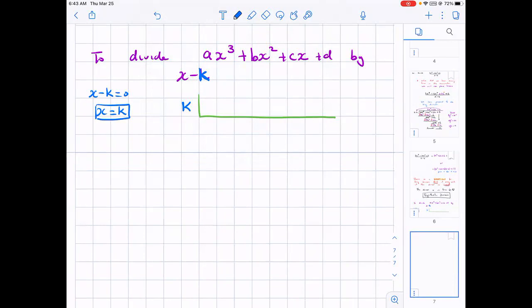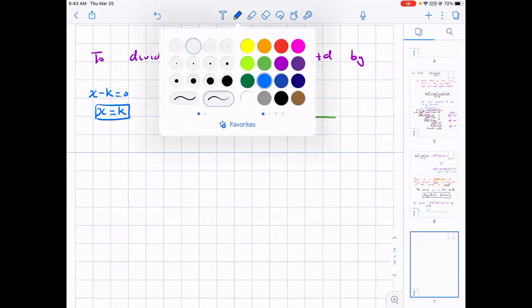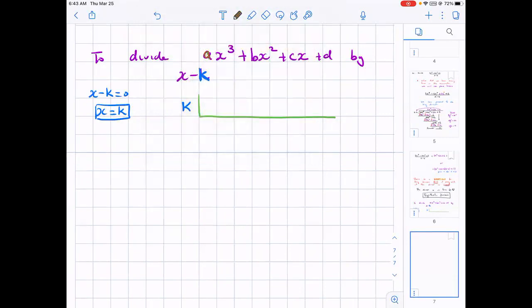Now on the inside here, we will use the coefficients a, plus b, and we take the signs with them, right? c, and then plus d. So if it's a negative, we have to put the negative there. And we start out by bringing down the a. And whatever is left over here, this is your remainder.